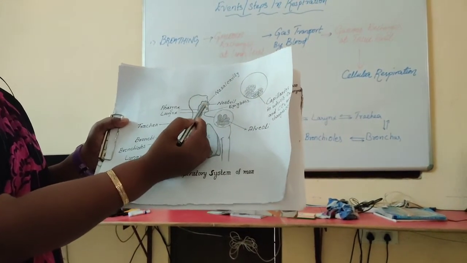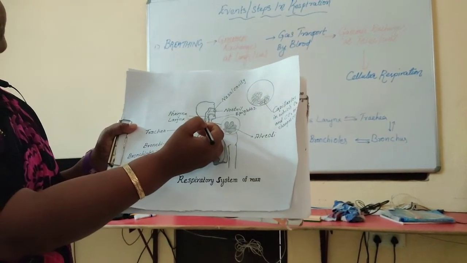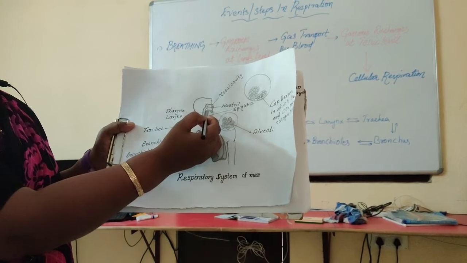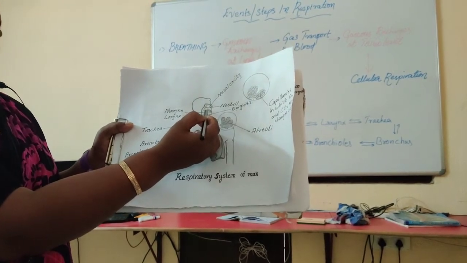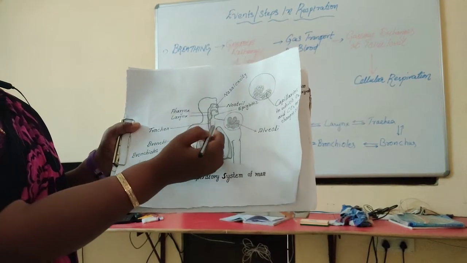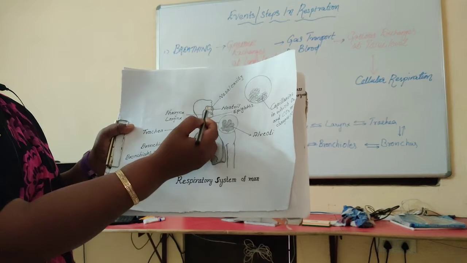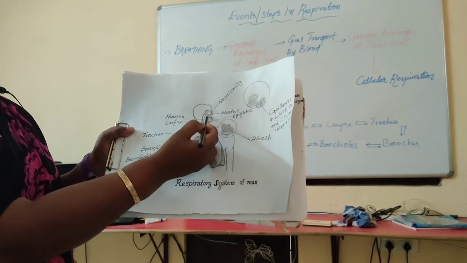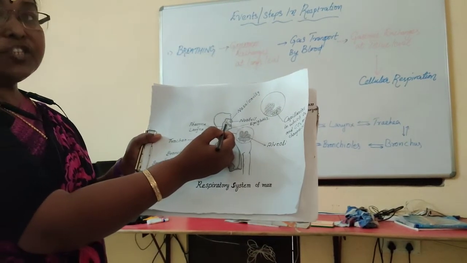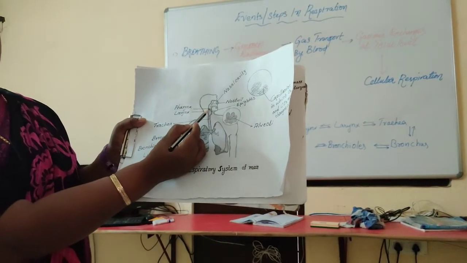And next, when the air passes through the nasal cavity, it is brought close to body temperature, and it gains more moisture. The moist and warm air next passes to the pharynx.